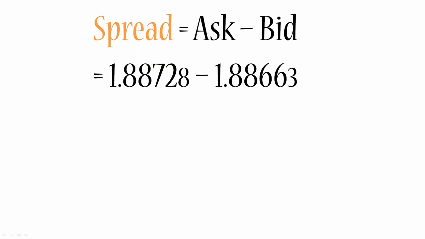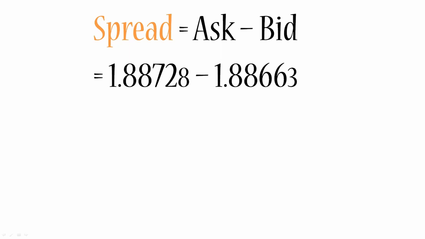So once again, let's calculate the spread. Here I've shown our previous example, but I've added the 5th digit as a smaller number, and a lot of brokers do that just to show that it is 5-digit quotations, because when you have 5 digits after the decimal point, it can get a bit confusing and like a lot of numbers.